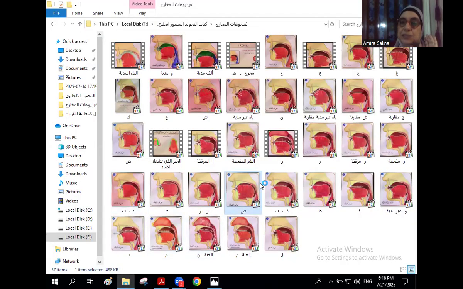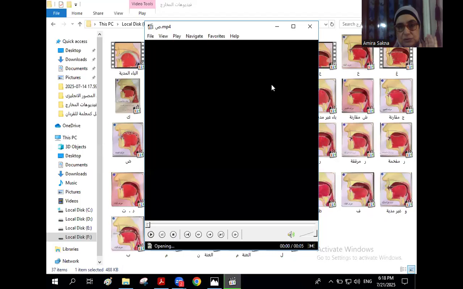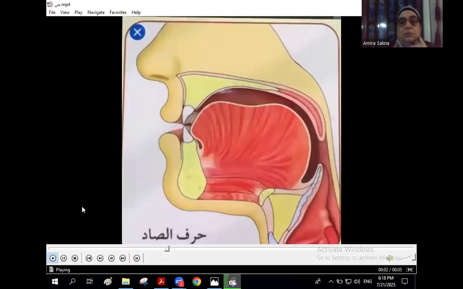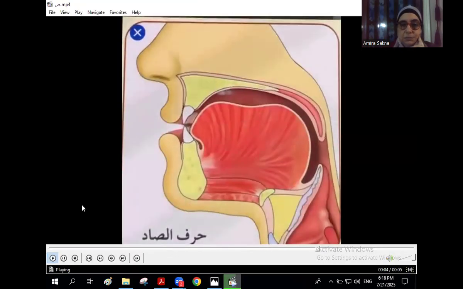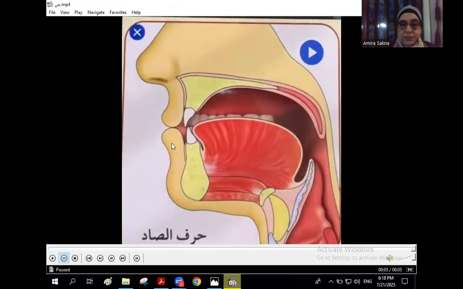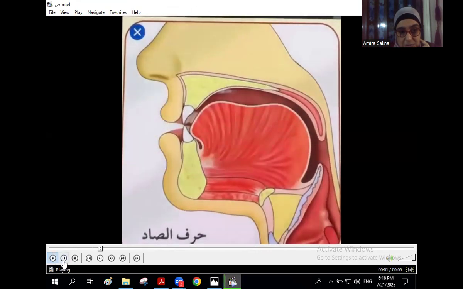We'll begin as usual with the heavy letter, the sad. I will repeat and kindly notice the tip, the end of the tip here with the bottom of the lower central incisor. You see?